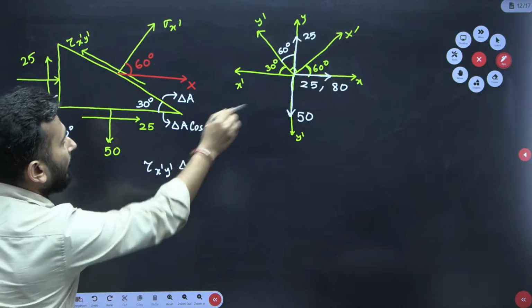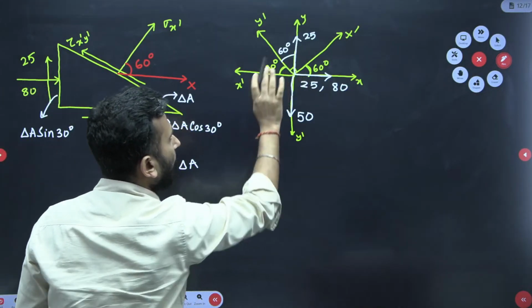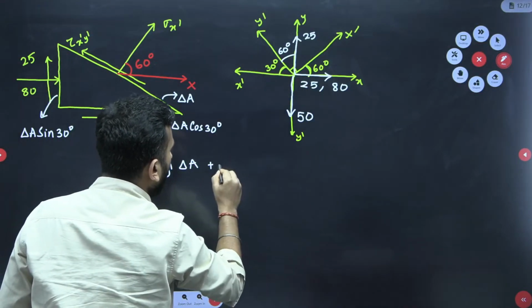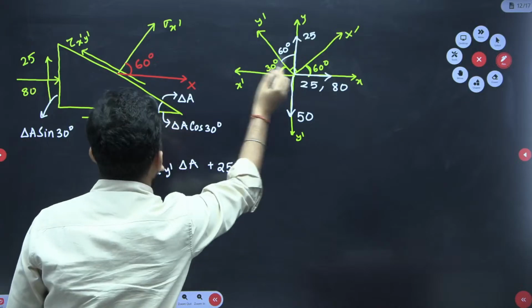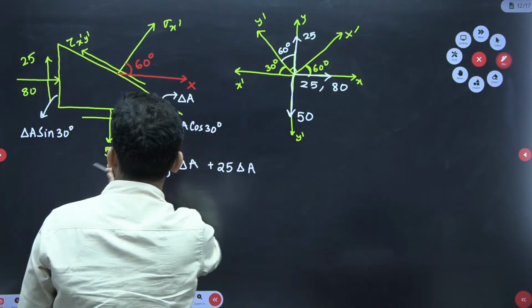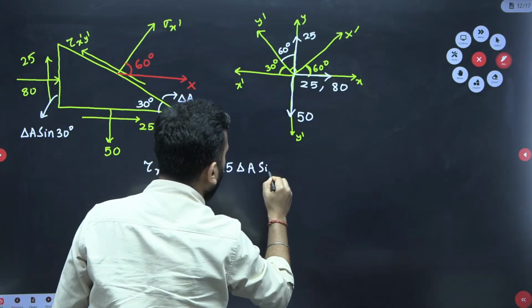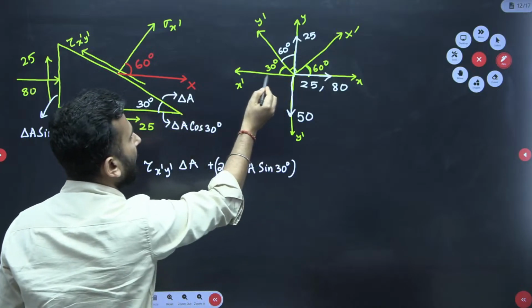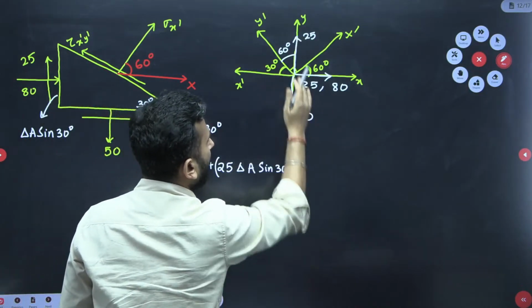Okay, tau x dash done. Now this 25, very easy to find out. This 25 shear plus 25, it is acting on which area? Delta A sin 30 degree. Take the component cos 60, very easy, cos 60.